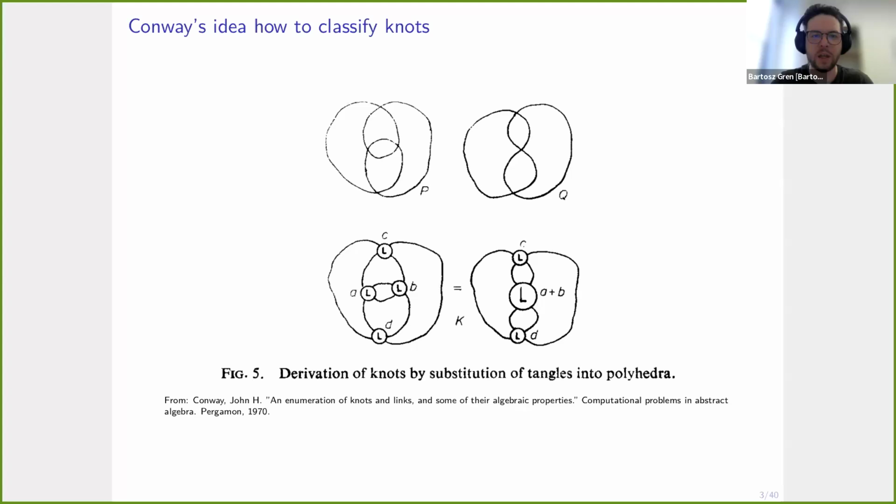His idea was to create graphs built from 4-degree vertices, and in place of these 4-degree vertices, insert the tangled strands, which he called the tangles.